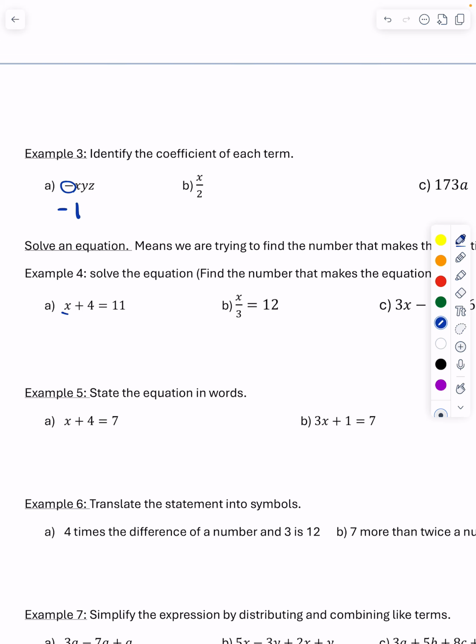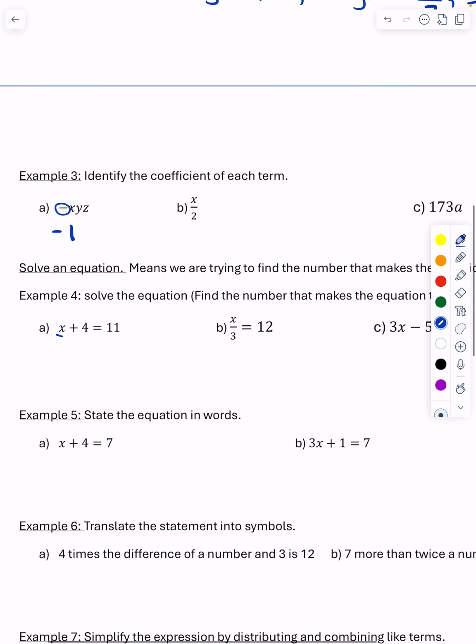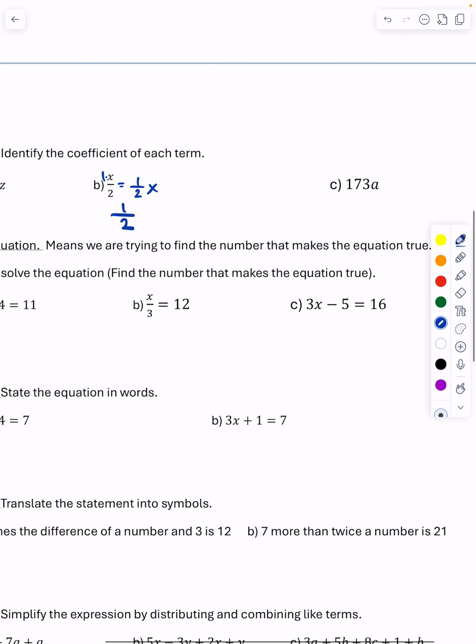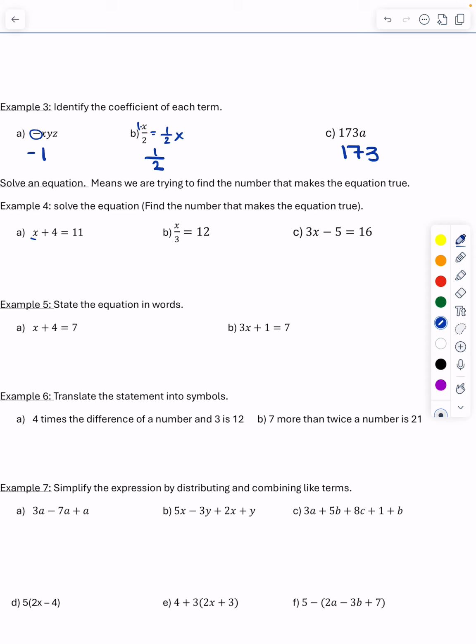Negative 1 times xyz. When we've got a fraction, notice I don't have anything in the numerator being multiplied by the x. That's the same as 1 times x. The x can be in the numerator. It can be pulled out separately, so our coefficient here is 1/2. And then c, it doesn't really matter how big or ugly that number is. Whatever number is in front of our variable, that's our coefficient.